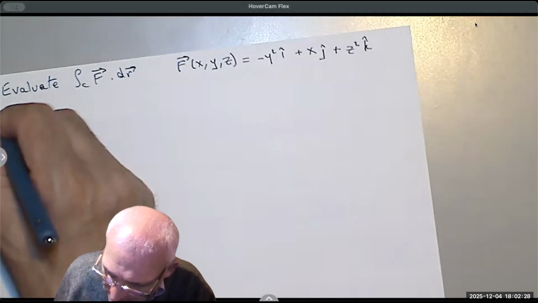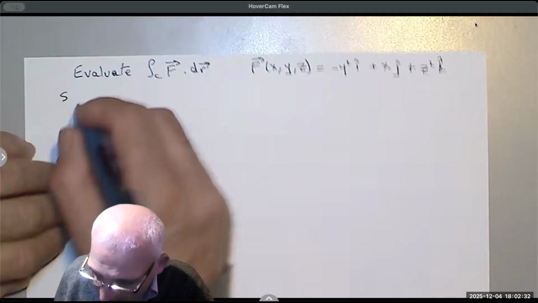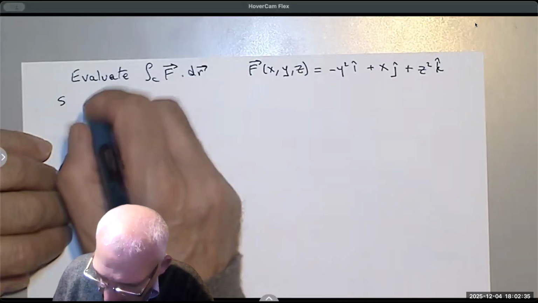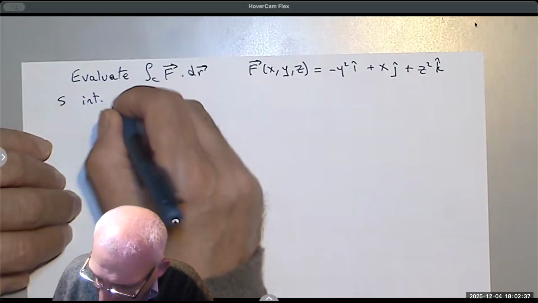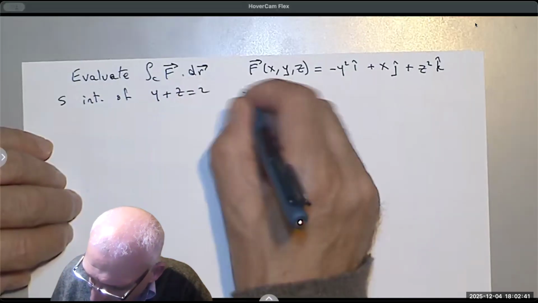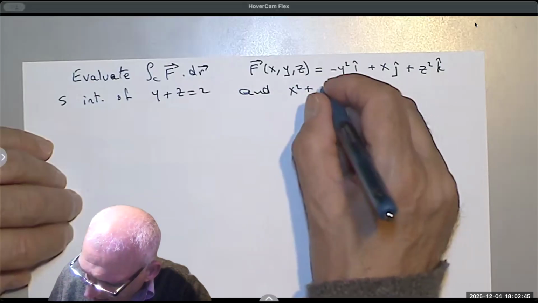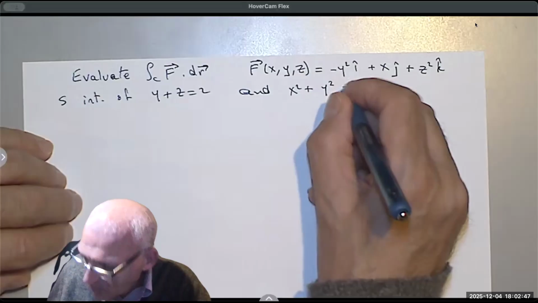And the surface, because notice we are going to do a double integral over a surface, is the intersection of y plus z equals 2 and x squared plus y squared equals 1.